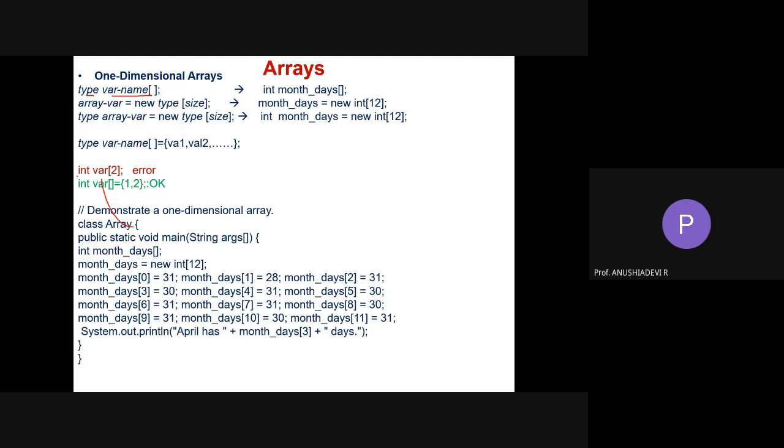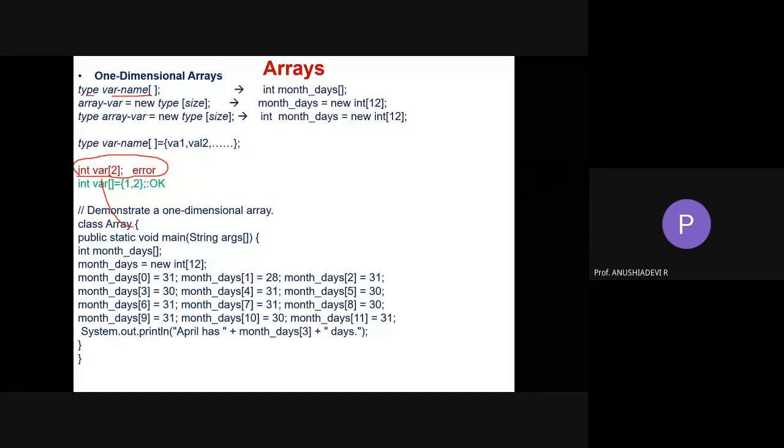In C++, you can declare a variable like this, int var 2. But in Java, if you try to declare an array variable like this, you will get an error message. You have to declare only int var and then the bracket.